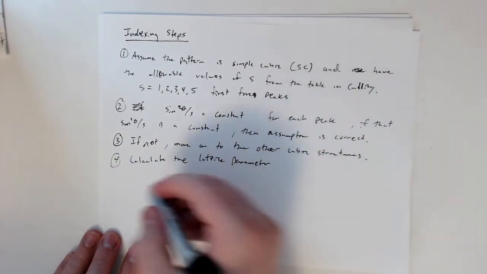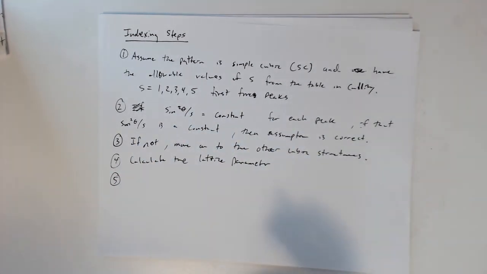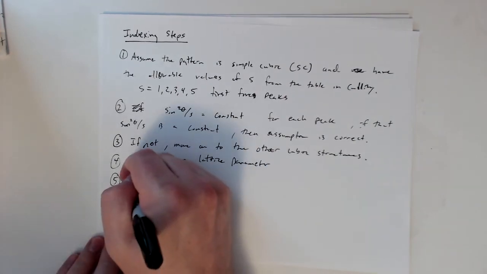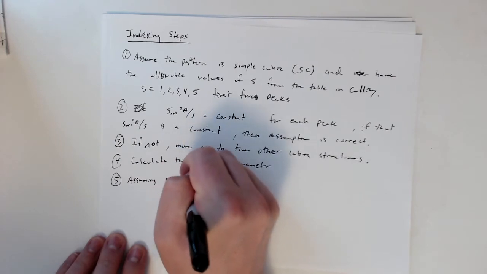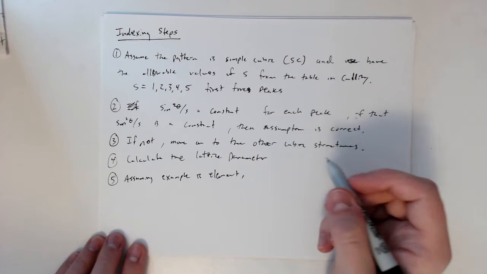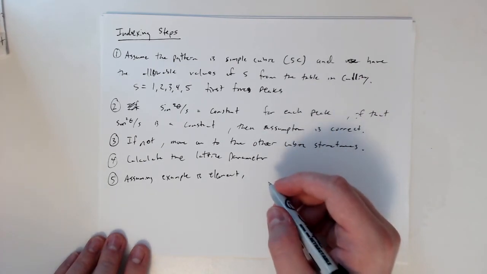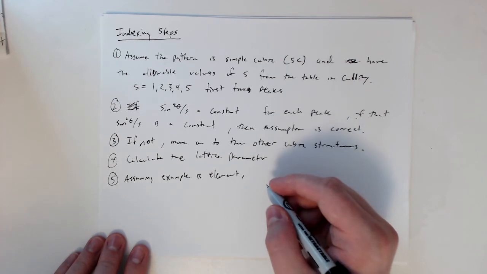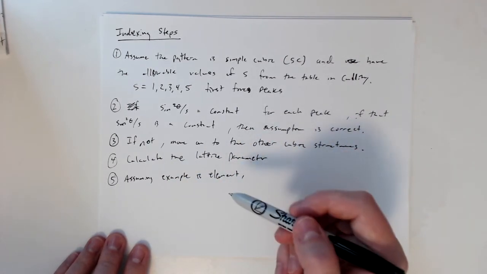Right. And so for the purposes of this exercise, we're assuming that our example is an element. So we're also going to inspect the table in Colody and see which one of the elements has the same crystal structure and same lattice parameter as our example.